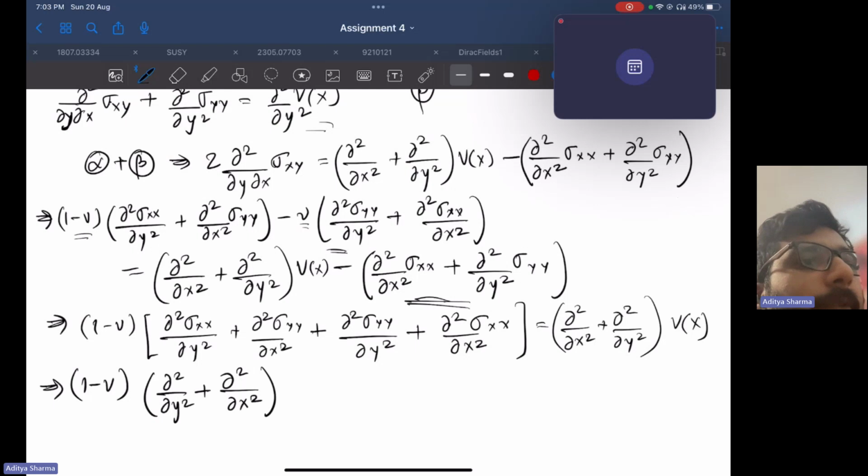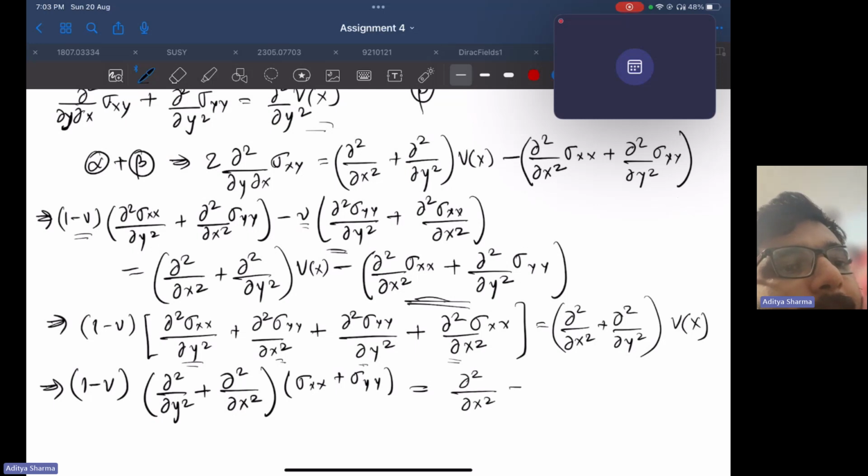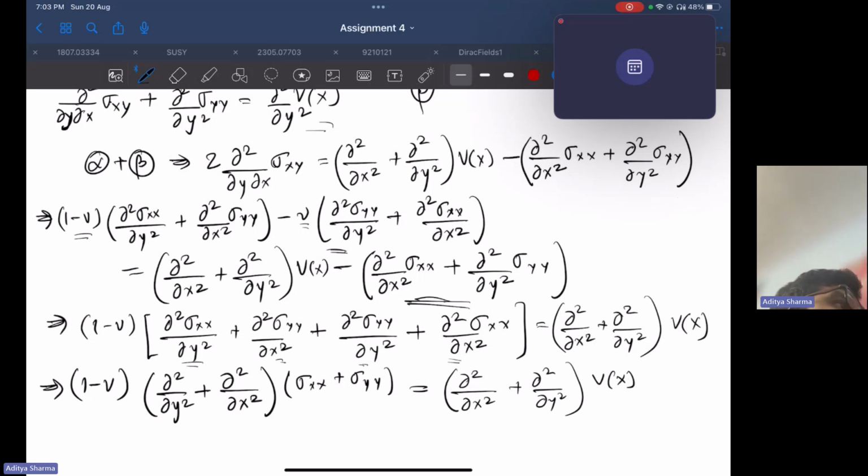So this is common here and here, and we can write this as this. Check that this gives you all the terms. This term is there, this term is there, this one, this term is there, and this term is there. And we are done with it.